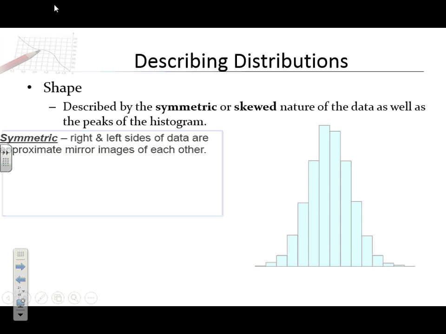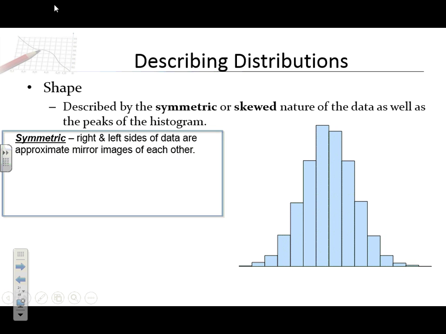So when we say a distribution is symmetric, we're saying that where the peak occurs, in this case right in the middle, the left side and the right side appear to be pretty similar. If we were to fold this graph over the middle, the left and right hand side should match up fairly well. Okay, so for a symmetric graph, the right and left sides of the data are approximate mirror images of each other.